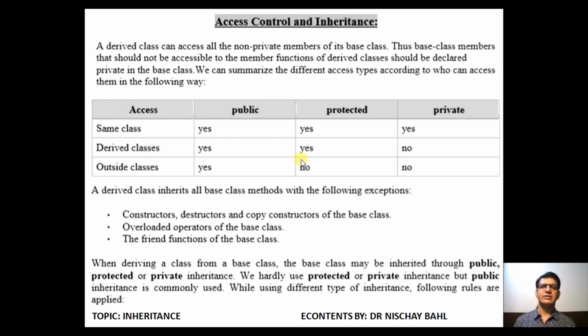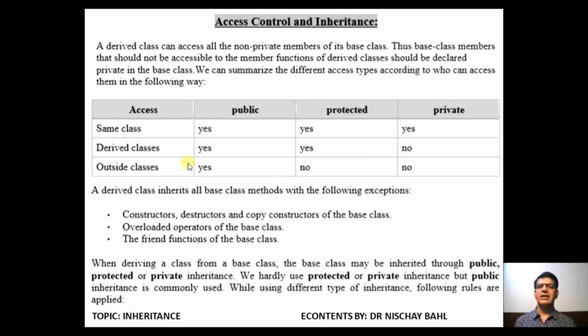We can summarize the different access specifiers according to who can access them in the following way. In the table given below, you can see public, private, and protected. Within the same class, public is accessible, protected is accessible, and private is accessible. Within the derived class, public members are accessible, protected are also accessible, whereas private are not accessible within the derived class.